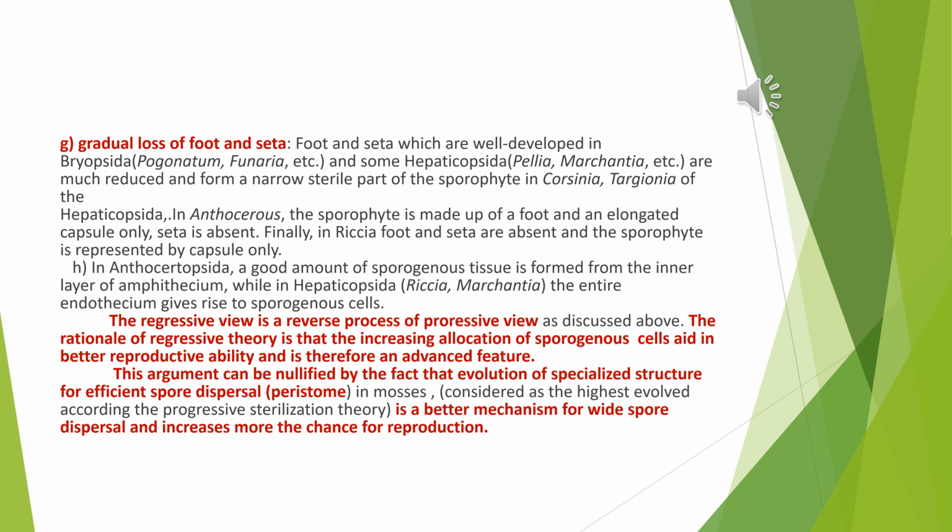This argument can be nullified by the fact that evolution of specialized structure for efficient spore dispersal, like the peristome in mosses, which is considered the highest evolved according to the progressive sterilization theory, is a better mechanism for wide spore dispersal and increases more the chance for reproduction.